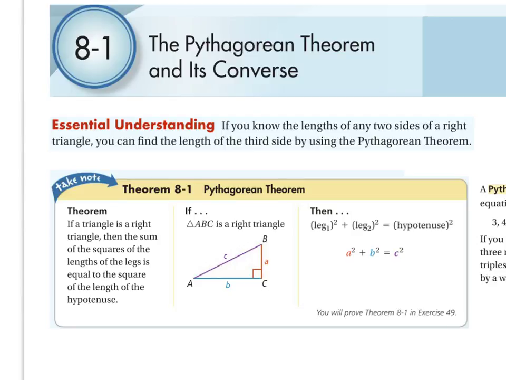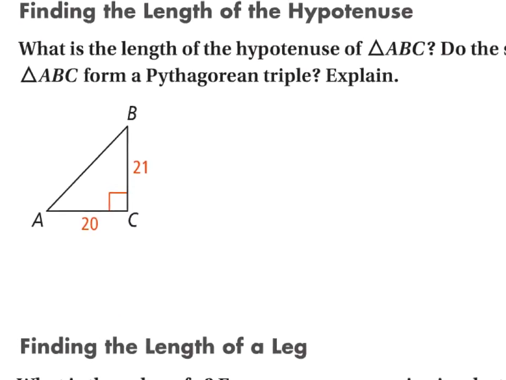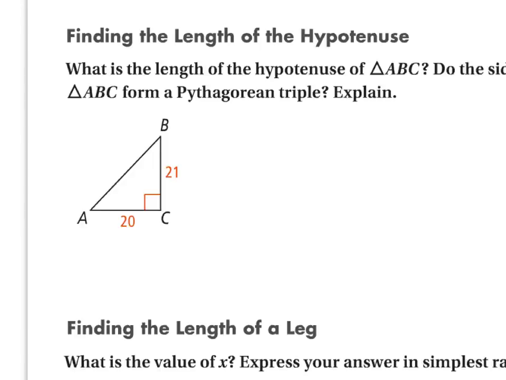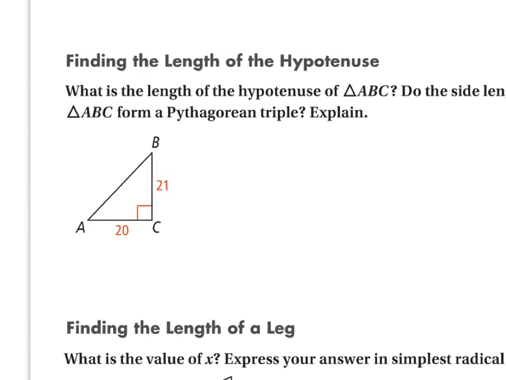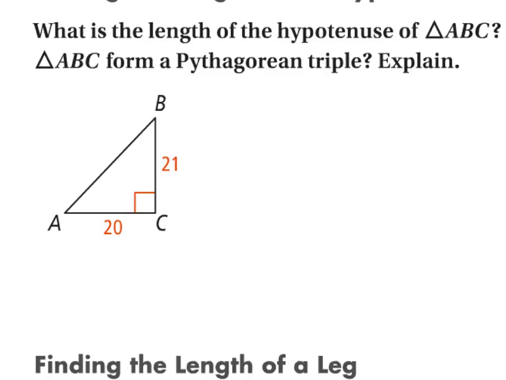All right, so let's give it a shot. Let's see what happens here. I think you guys have seen the Pythagorean theorem before. If not, this will be a good refresher for you. So we want to find out what is the length of the hypotenuse of triangle ABC. So looking here, they've already told us we're looking for the hypotenuse, but also looking at the diagram, notice that 20 and 21, those two sides form the right angle, right?